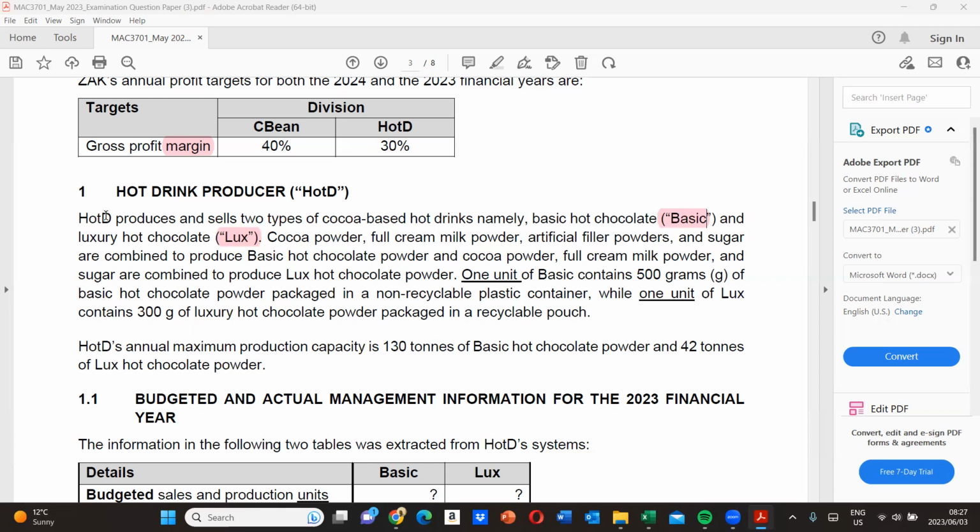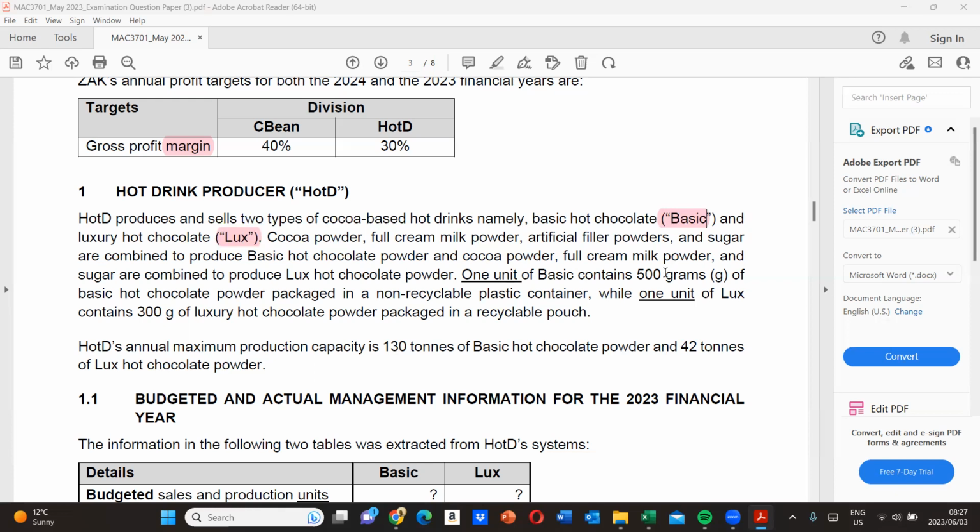All right, so Hot D produces and sells two types of cocoa-based hot drinks, namely basic hot chocolate and luxury hot chocolate. Cocoa powder, full cream milk powder, artificial filler powders, and sugar are combined to produce basic hot chocolate powder and cocoa powder.